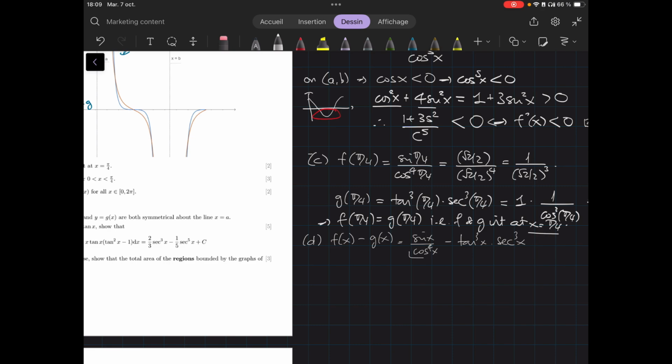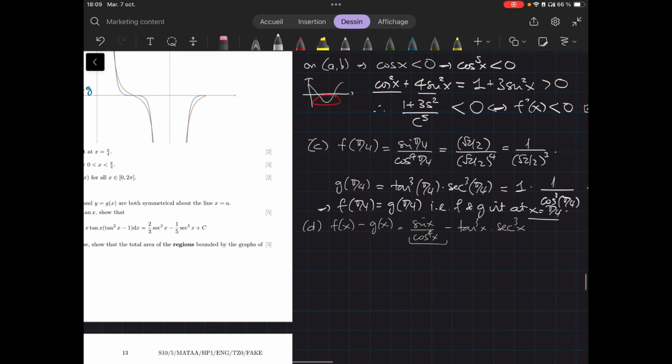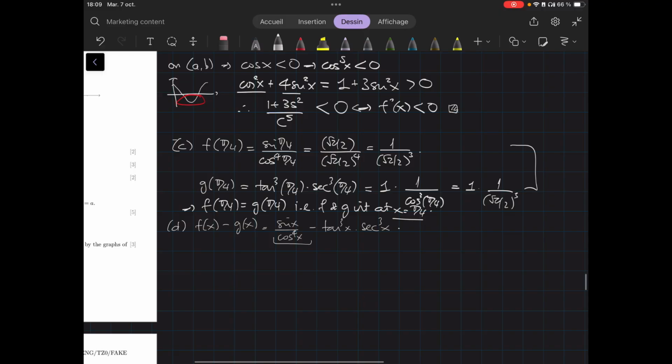Not much we can do here unless we manipulate this guy. So we can rewrite this guy as sine of x divided by cos of x times 1 divided by cos cube of x. Noticing that this guy is nothing more than tan of x, and this guy is secant cube.